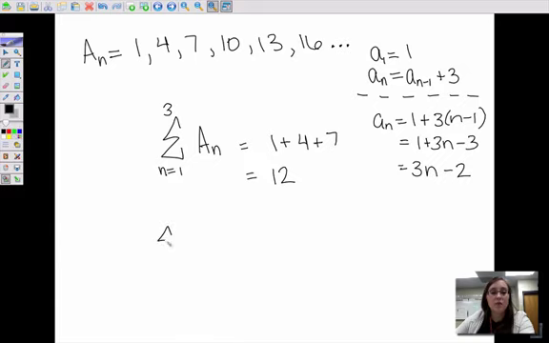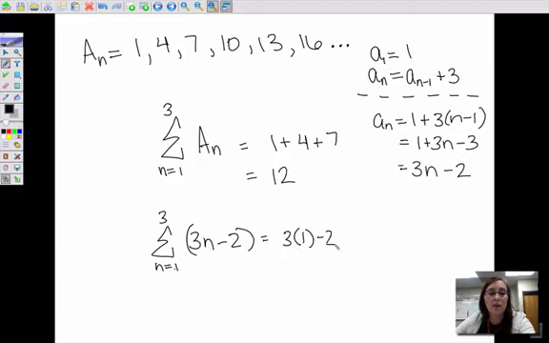So you might also see it written with the explicit formula: the first 3 terms of 3n minus 2, meaning we're going to plug n in. So we're going to do 3 times 1 minus 2 for an n of 1, then we're going to do it for an n of 2 and an n of 3.